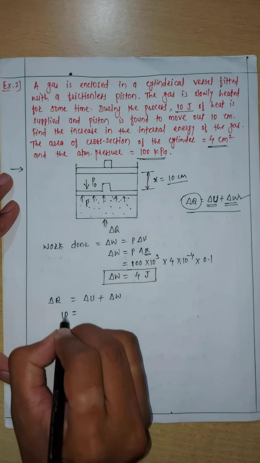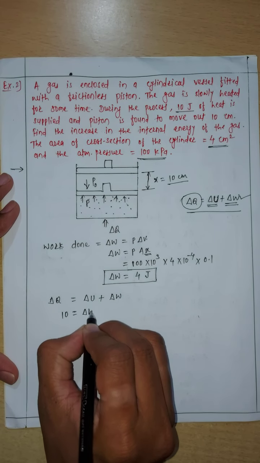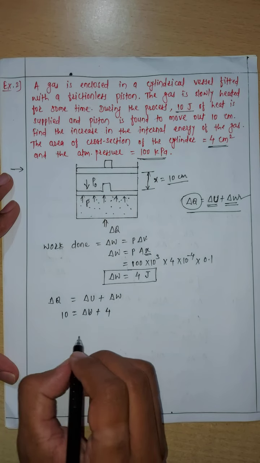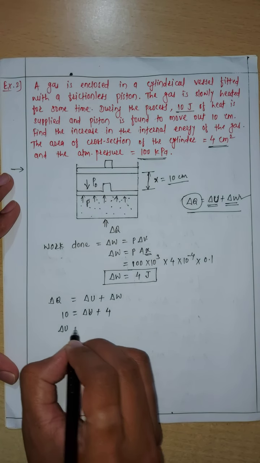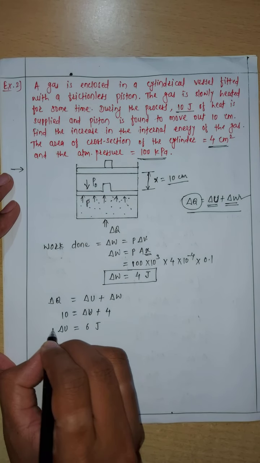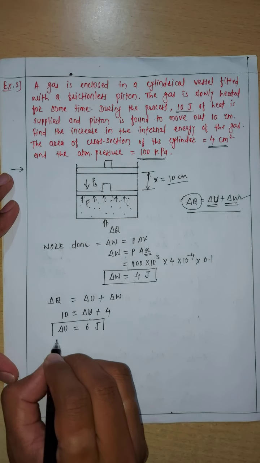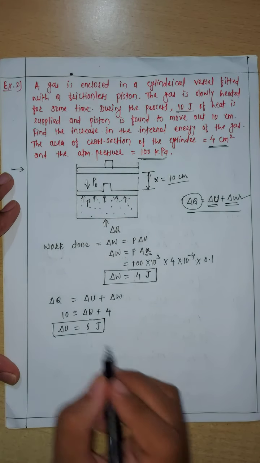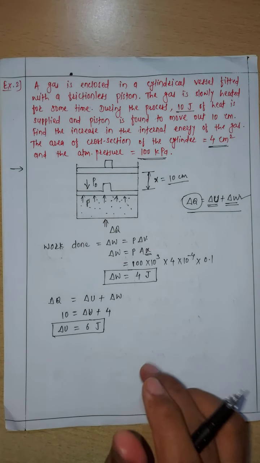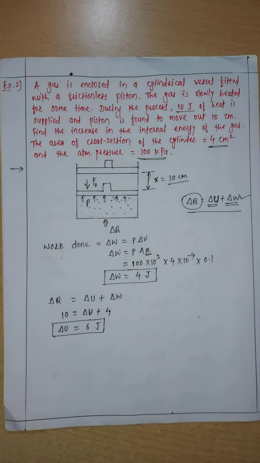Delta Q is given, that is 10 joule. That should be equal to delta U plus delta W. We calculated delta W, it will be 4. So delta U is equal to 10 minus 4, and that will be 6 joule. So this is the increase in internal energy of the system. Okay, so understand this example.